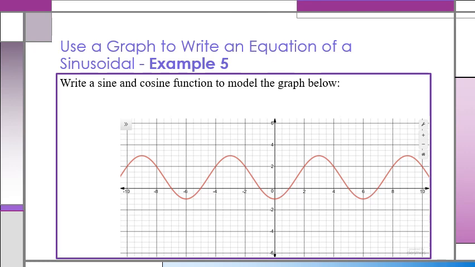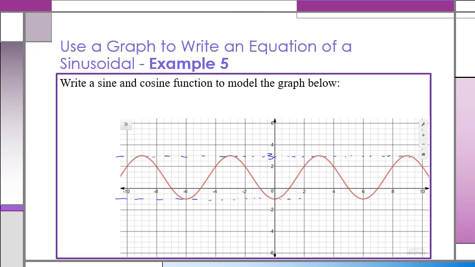I see that my highest value looks like it's here. What value is that? Looks like I'm at 3. And my lowest value is here going through -1.